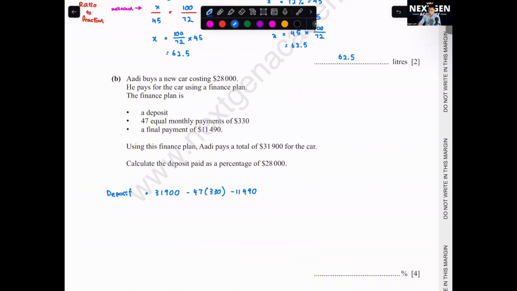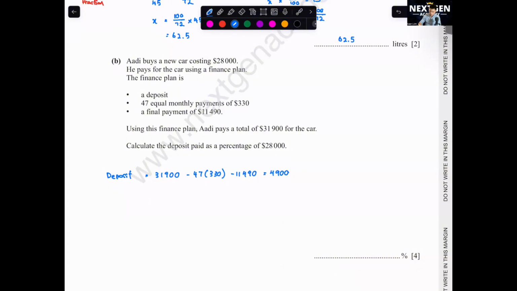Calculate this whole thing, we will get 4,900. Then they say as a percentage of 28,000, so 4,900 divided by 28,000 times 100%, which will get 17.5%.